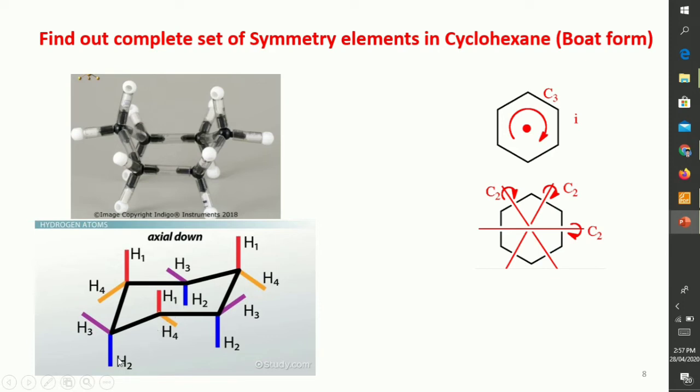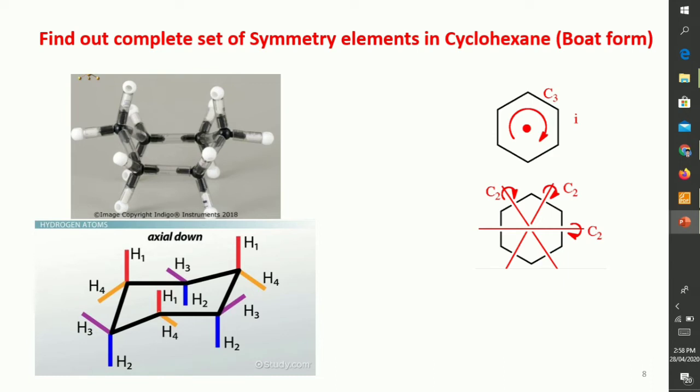Yes, here you can see this is H2, so there is another hydrogen over there, and this is actually the indication of an inversion center. You can study this with all the hydrogen atoms and even the carbon atoms present in cyclohexane. So far we have studied identity, 2C3 and 3C2 with one inversion. So far we have studied 7 symmetry elements, 7 symmetry operations in cyclohexane. So there is S6 also.